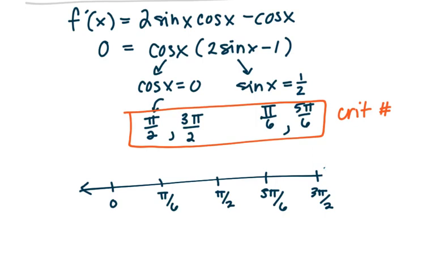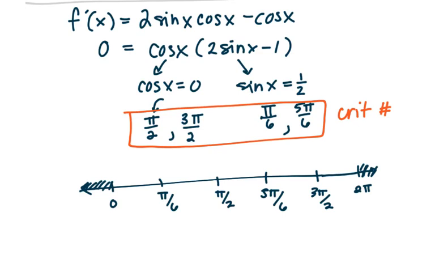I'm using the endpoints here, 0 and 2 pi, because we're on that closed interval. So we're looking at everything that happens inside this interval. When we talked about absolute max and absolute min, we always used those endpoints.